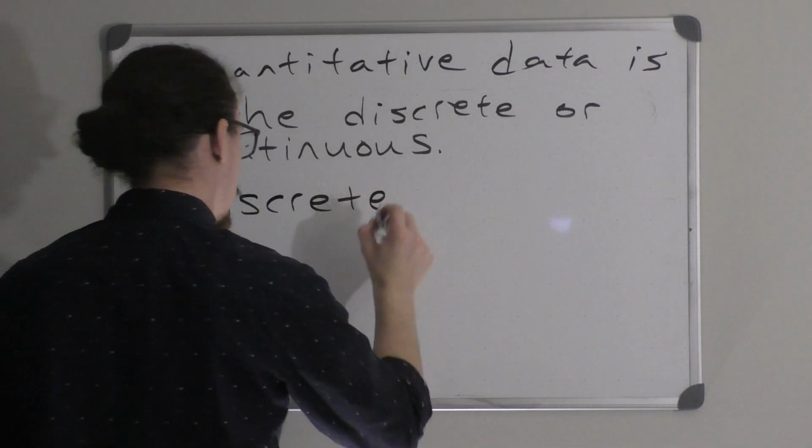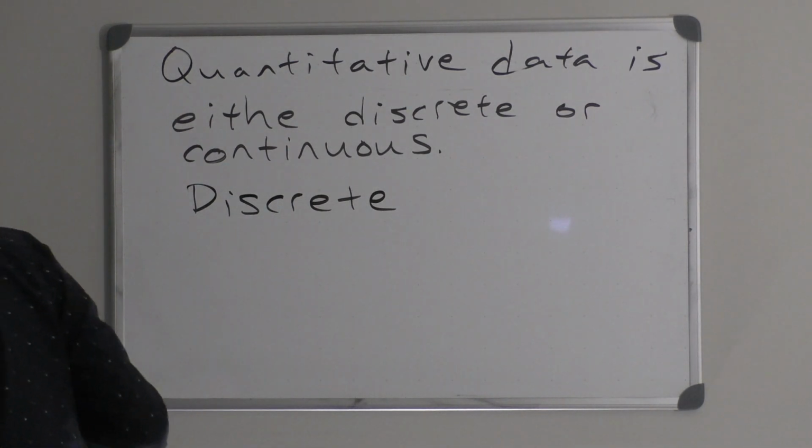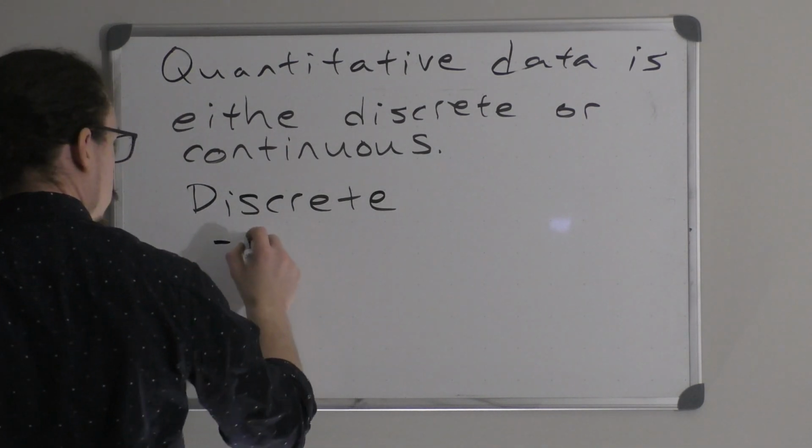All right, so quantitative data is either discrete or continuous.